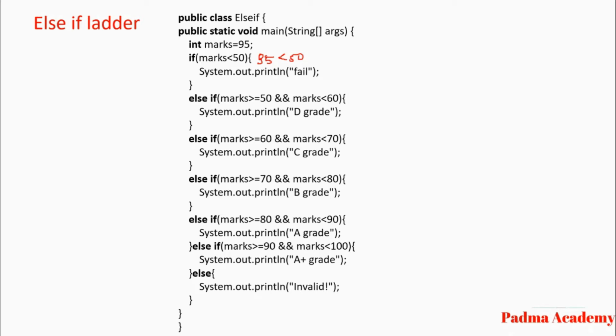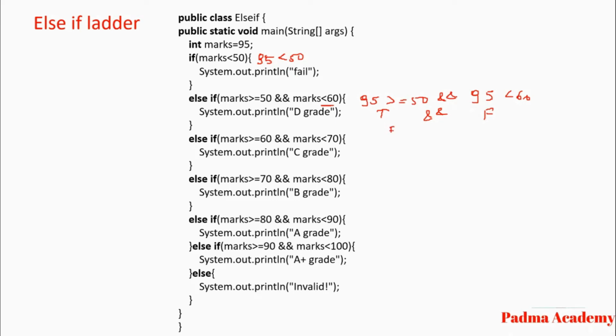So it will check the second condition, that is marks is greater than or equal to 50 and marks is less than 60. Yes, 95 is greater than or equal to 50, so this is true, and marks, that is 95, is less than 60, so this is false. It is logical and, and therefore T and F is always F, that is false.